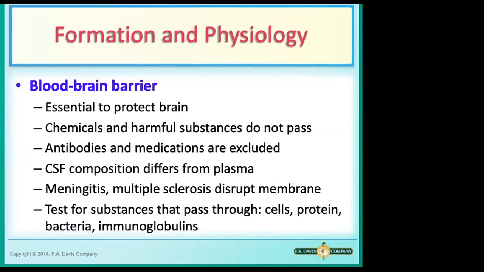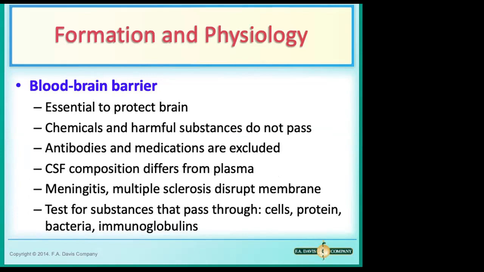Okay, so the blood-brain barrier obviously is very essential to the brain, and we already know that there are chemicals or substances that can be harmful, so the blood-brain barrier won't let those chemicals pass through.